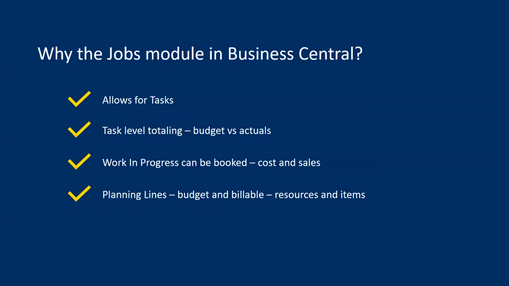So the jobs module in Business Central creates the ability to have tasks which define different parts of work needing to be done, task level totaling, which shows the budget versus the actual costs and sales, booking work in process or progress, otherwise known as WIP, for the costs and sales, and planning lines, which details out each task, including budget and or billable lines. And those lines will either be a resource or an item, with those item lines being inventoried or non-inventoried.